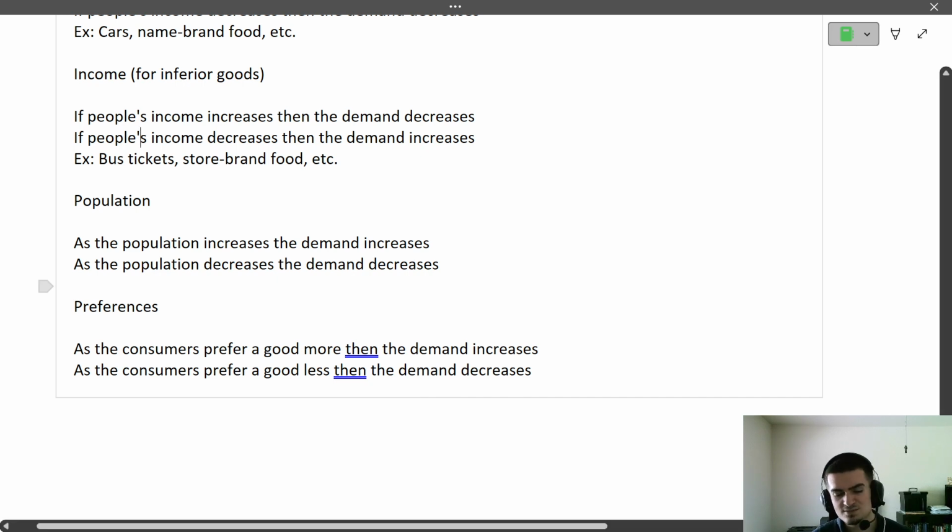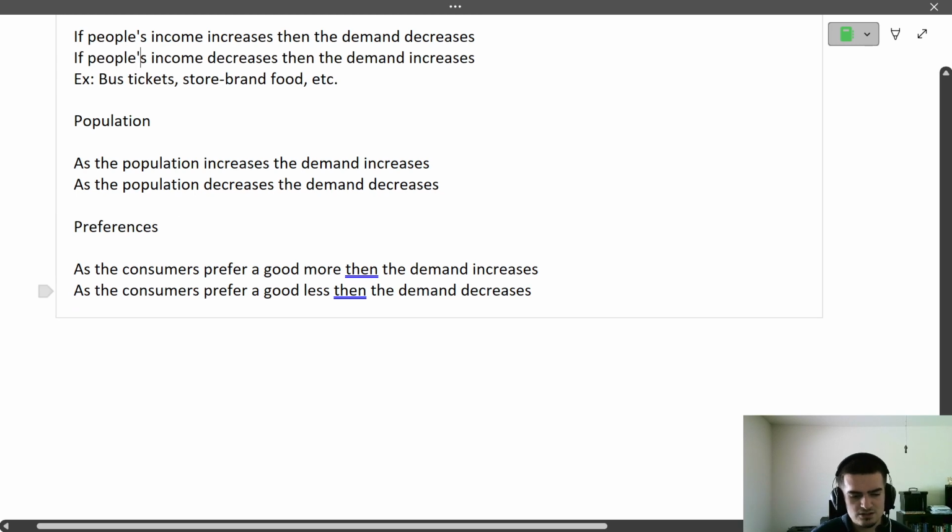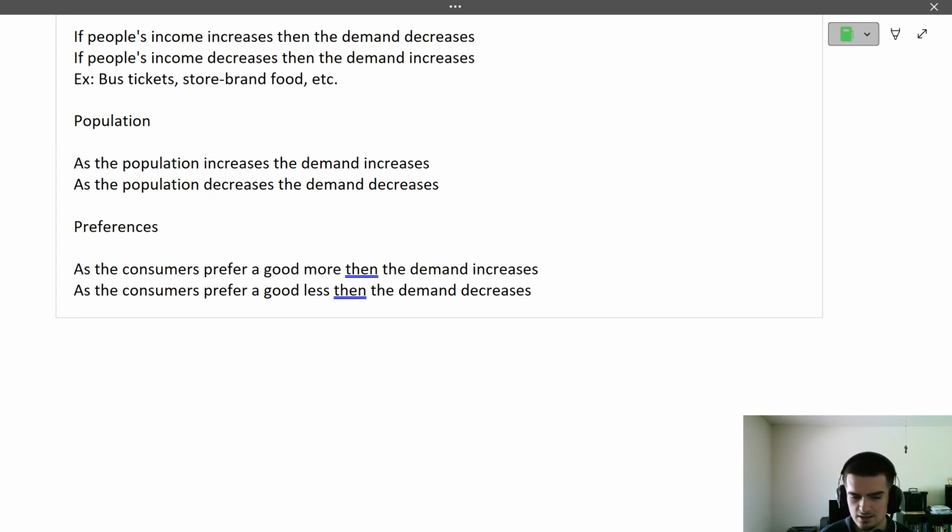The last one's preferences. As consumers prefer a good more, then demand increases. An example of this would be fashion. Fashion rotates and it's not always the same.